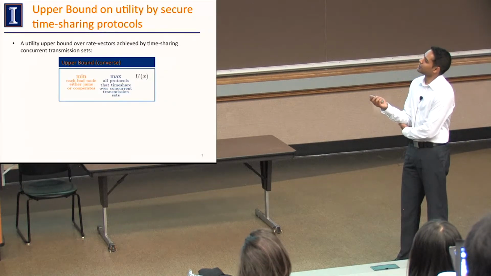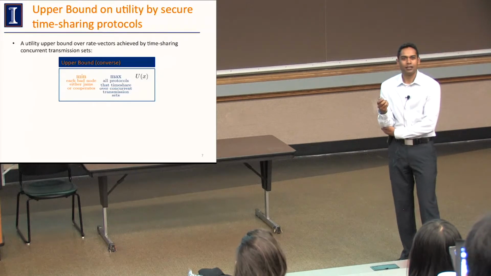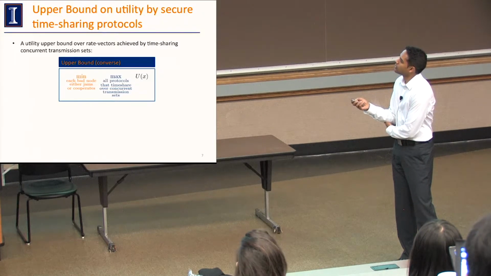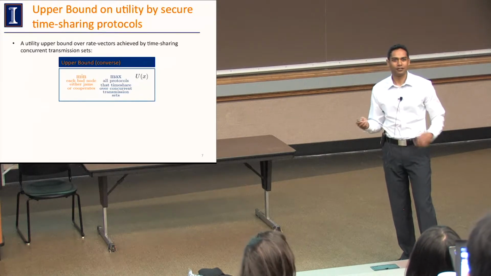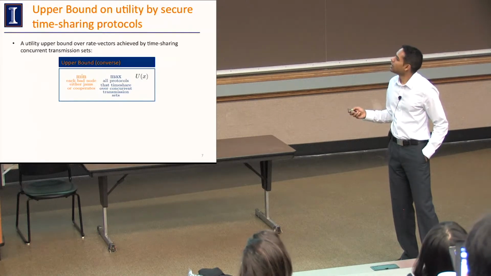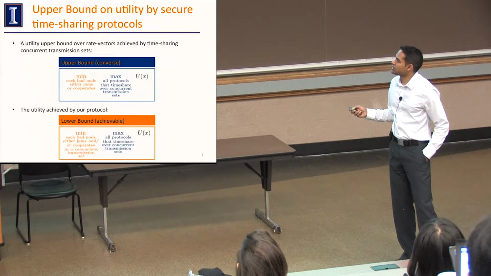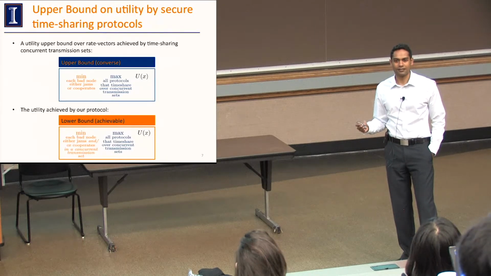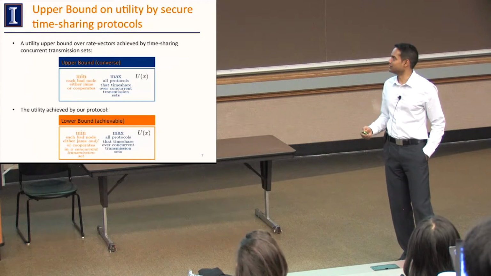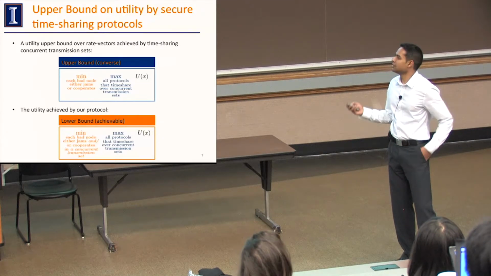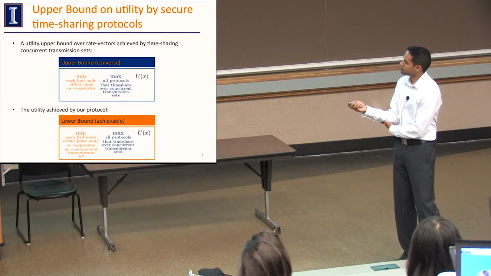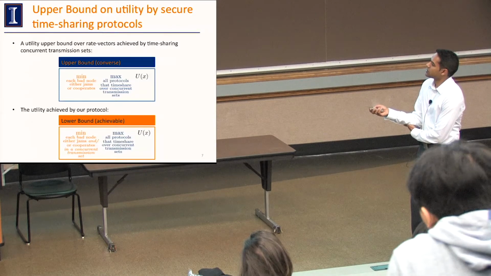Okay, so I'm going to give you a more modest bound, where instead of maximizing the utility over the information theoretic capacity region, I'm just going to look at protocols that time share over concurrent transmission sets to make the problem a little more tractable. And the utility that's achieved by our protocol is this expression right here.